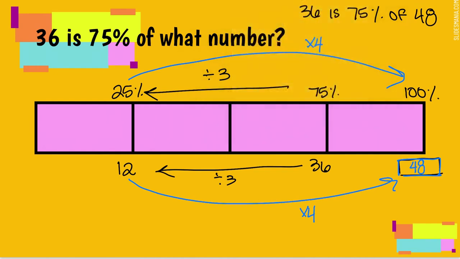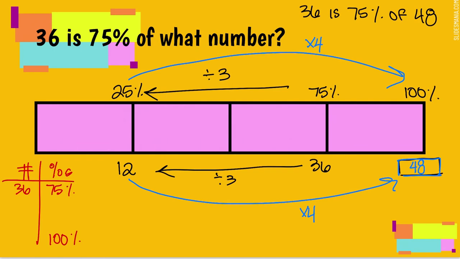Now I want to take a moment to show how this connects to our knowledge of ratio tables. We're comparing two things. We're comparing numbers, and then we're comparing percents. Now, we started off knowing that 75% of our number was 36 and we wanted to find what 100% was.